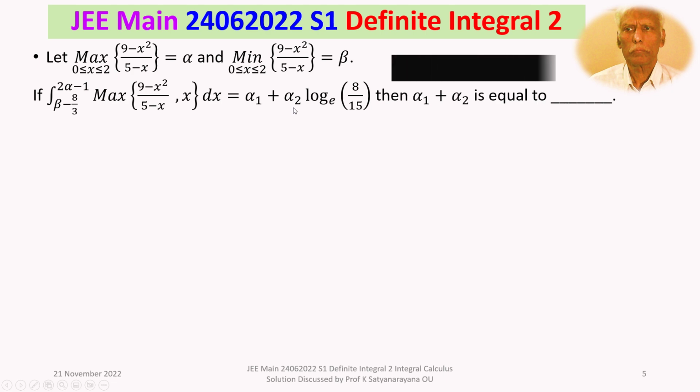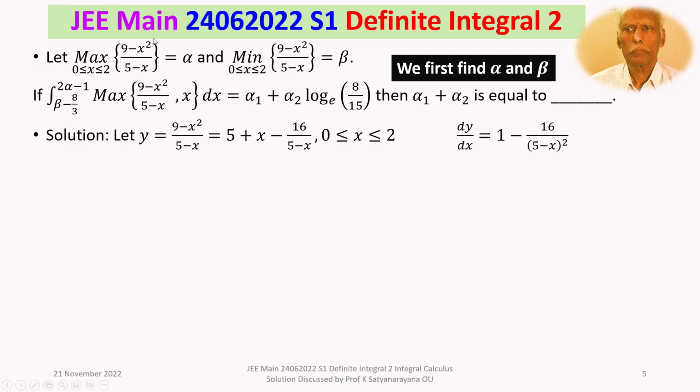Now we will first find out alpha and beta. For that, let y is equal to (9 minus x square) by (5 minus x), and that is equal to 5 plus x minus 16 by (5 minus x), when we take the division.